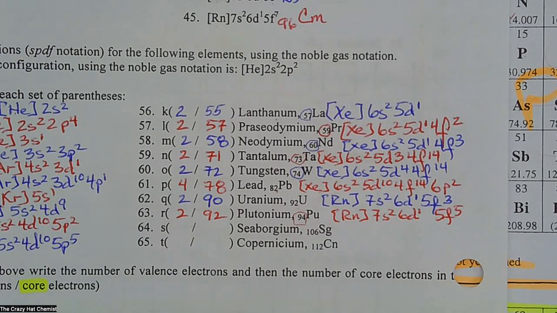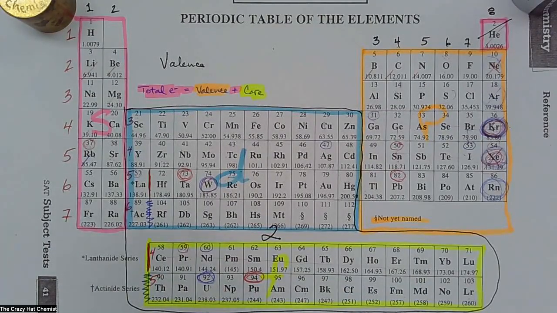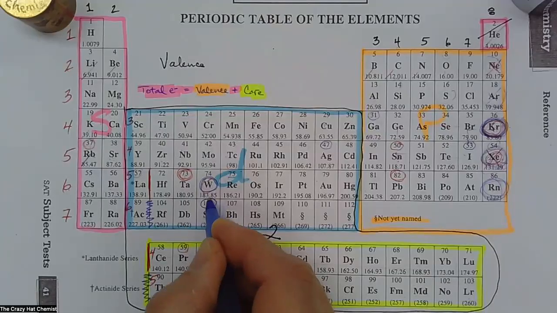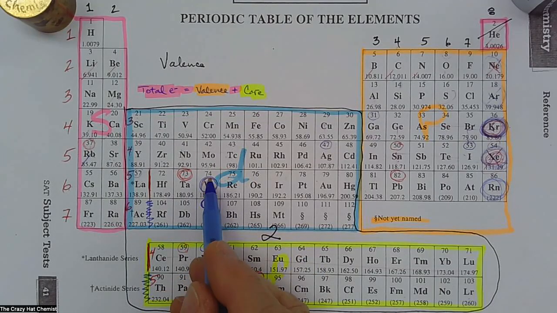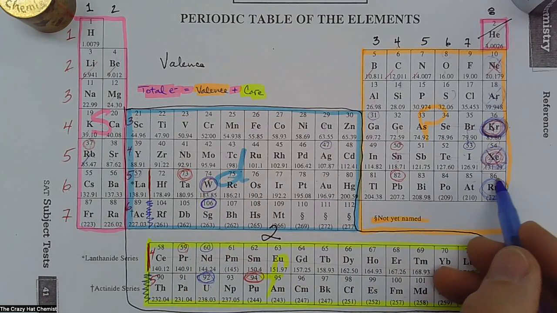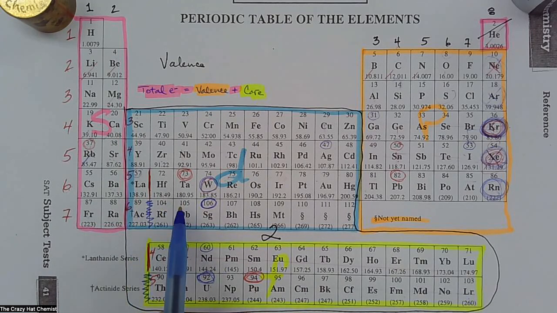The next one is seaborgium, and that's element 106. The only element named after someone that was alive while that element was named. What an honor. There it is, element number 106. We're going to go up one period, slam it to the far right. That's radon. And so we're going to get 7s2, 6d1, 5f14, and then 6d2, 3, 4.